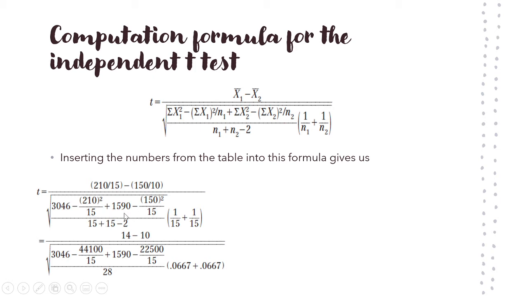So plus 1590, which is the summation of the square of the second group, minus the square of the summation of the second group, divided by the sample size of the second group, which is 15.